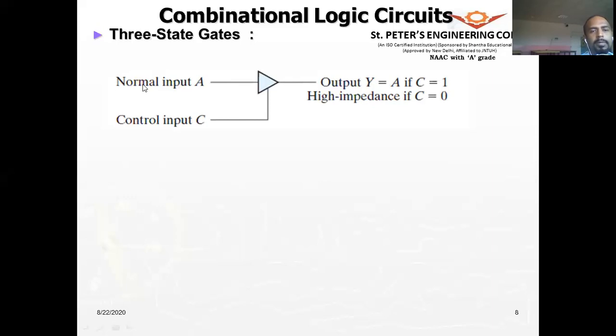When you click on an image or a website, you don't get the complete image or the complete website at a stretch. You keep receiving the data because it is serial communication, right? So you are going to receive the data, and once the complete data is received, then only it is displayed to you as a complete picture. Now, until then, can we go on displaying these bits by bits, whatever is appearing? No. So we want the input not to be displayed at the output until the complete picture is received.